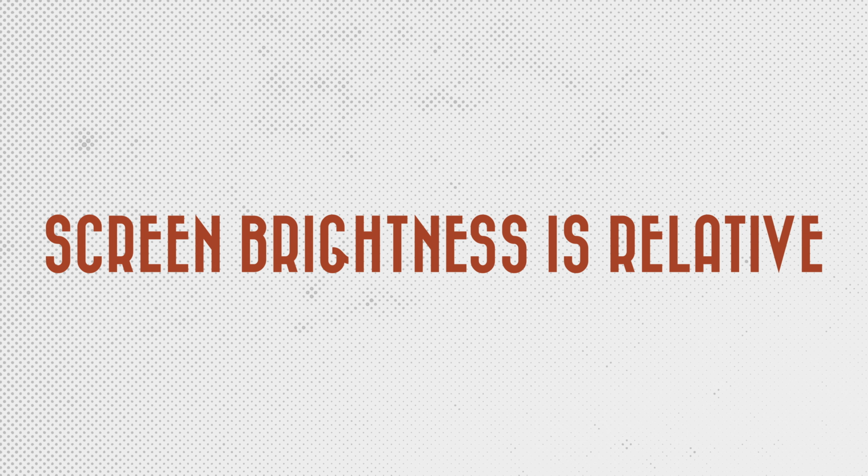I kept thinking, how did I not see this in the field since I checked the back of my camera after every few frames? Well, that's when it hit me. Screen brightness is relative. When you're shooting in the dark, your eyes adjust, so the screen looks brighter than it actually is because of the contrast with the dark environment around you.